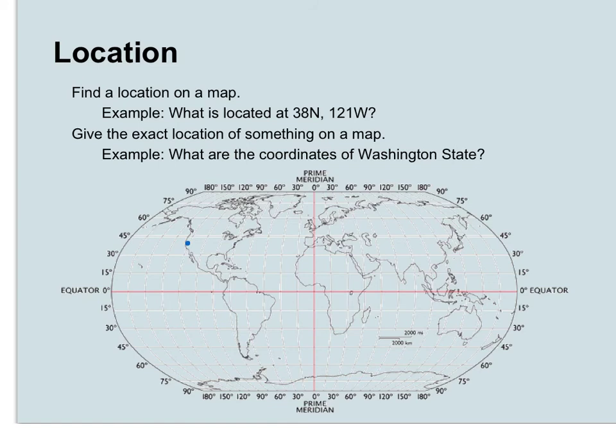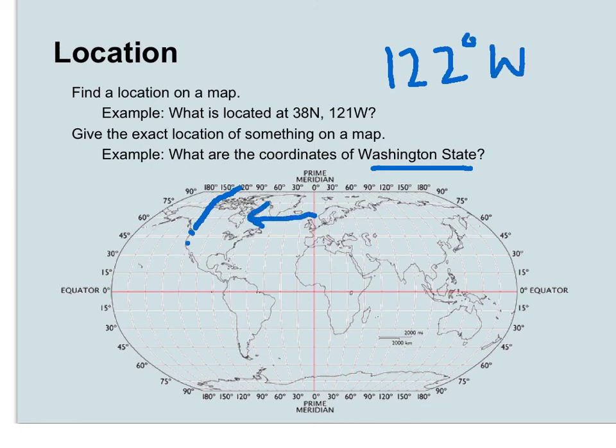And then it says, what are the coordinates of Washington State? Now we need to know where Washington is. Washington's right up here, right where I just put that blue dot, just north of California. So how would you describe that? Well, it's also about 120, maybe 122 or 120, something like that. And we're still to the west of the prime meridian. And then how far north of the equator is it?